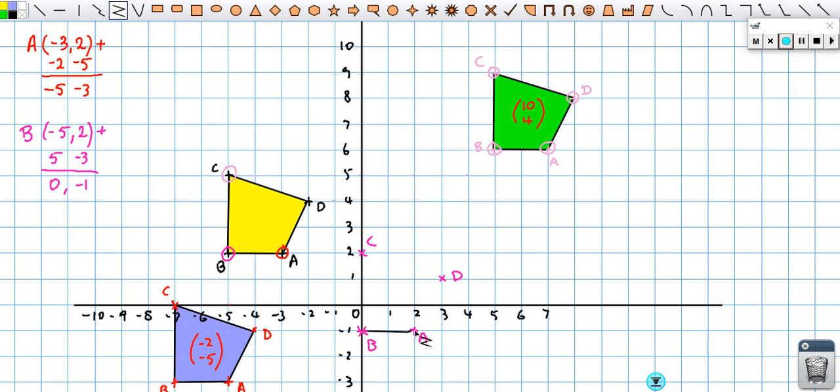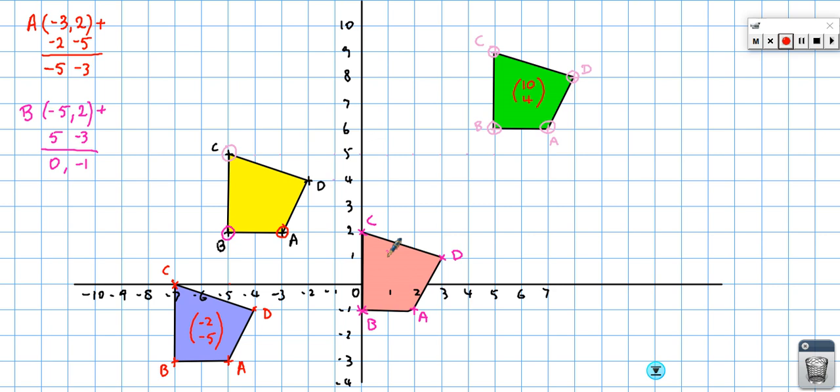So I have now the shape that was translated using vector 5, minus 3. Okay, so this is our original shape, and the other three are our translations. So that's how to form a translation.